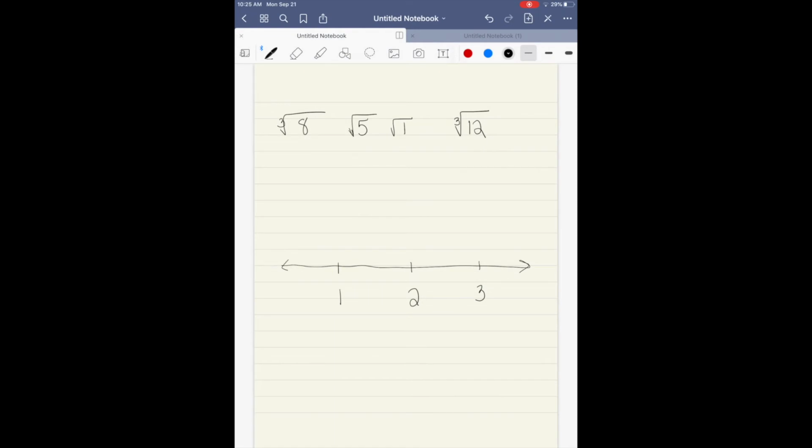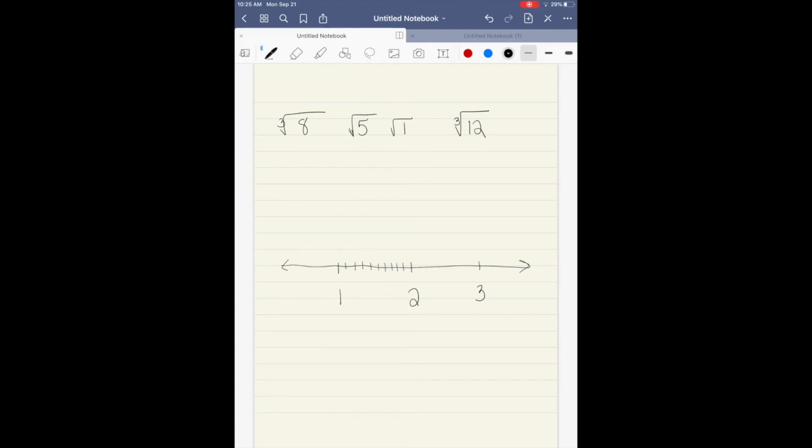This next example, I'm going to show you what the little notches in the number line mean. So starting at 1, if you see the little notches in between 1 and 2, this is 1.1, 1.2, 1.3, 1.4, 1.5, 1.6, 1.7, 1.8, and 1.9, and then up to 2.